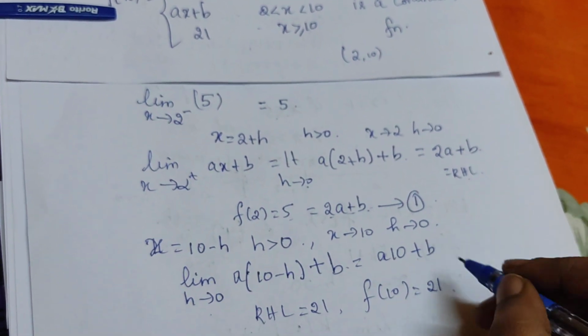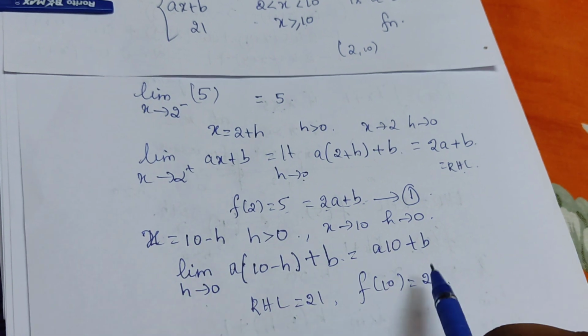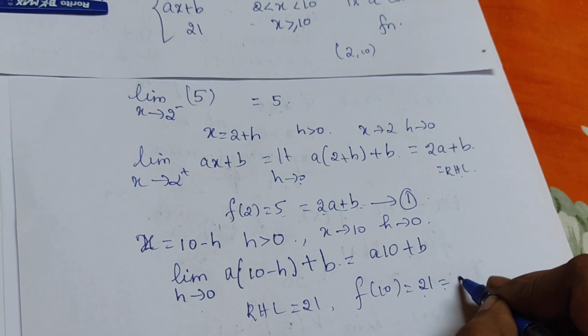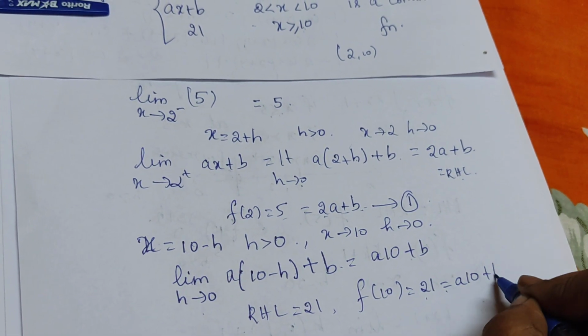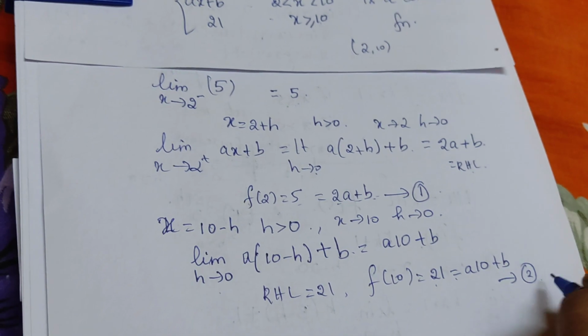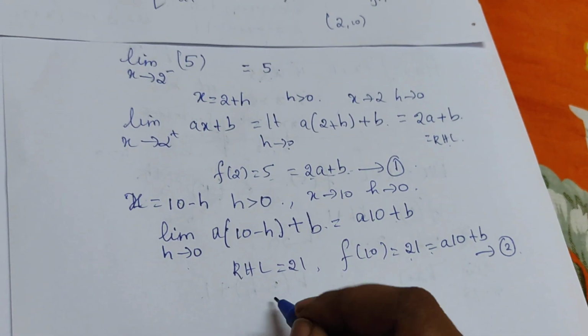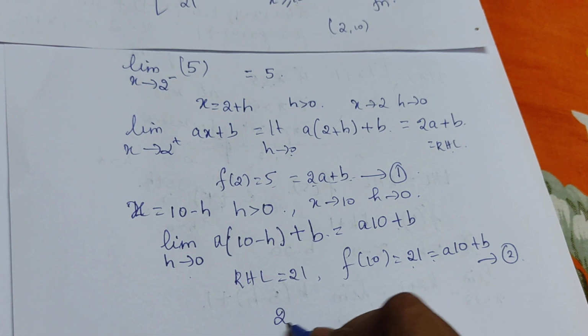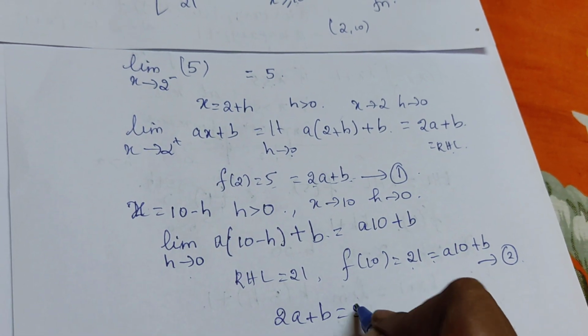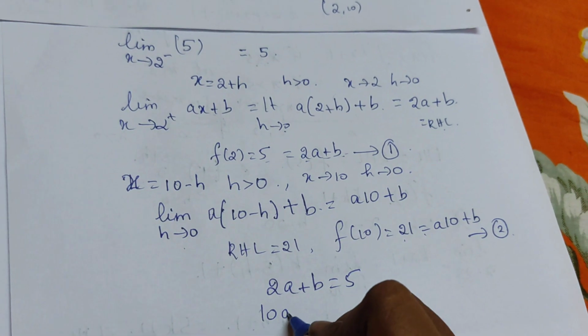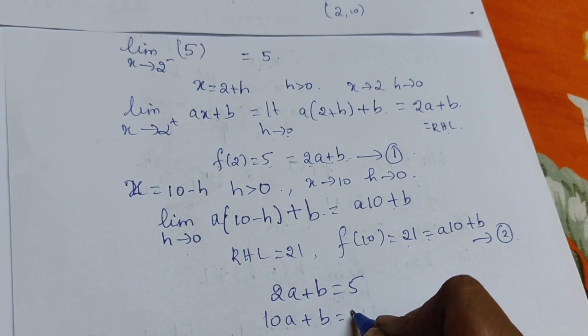Yes, we will equate this left hand limit with the functional value. 10a plus b equals 21. We are taking this as equation 2. Now we got equations 1 and 2. I'll rewrite it: 2a plus b is equal to 5 and 10a plus b equal to 21.